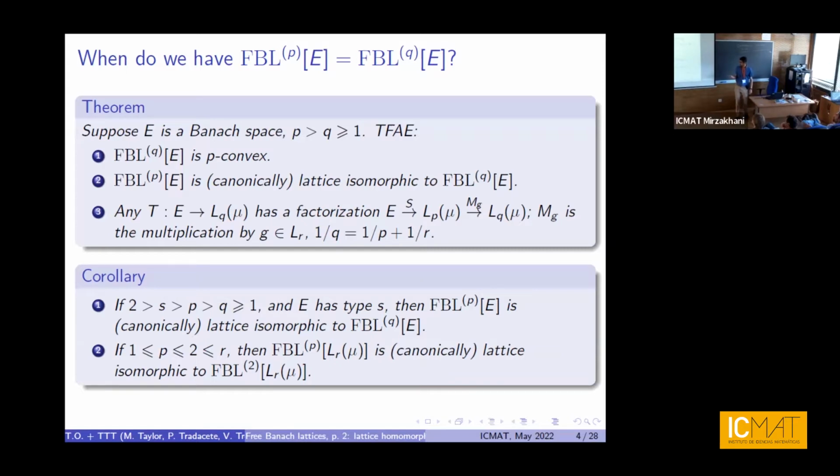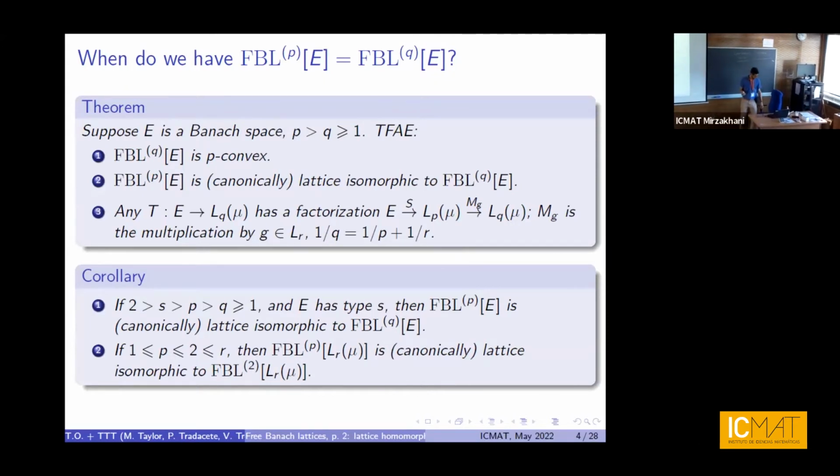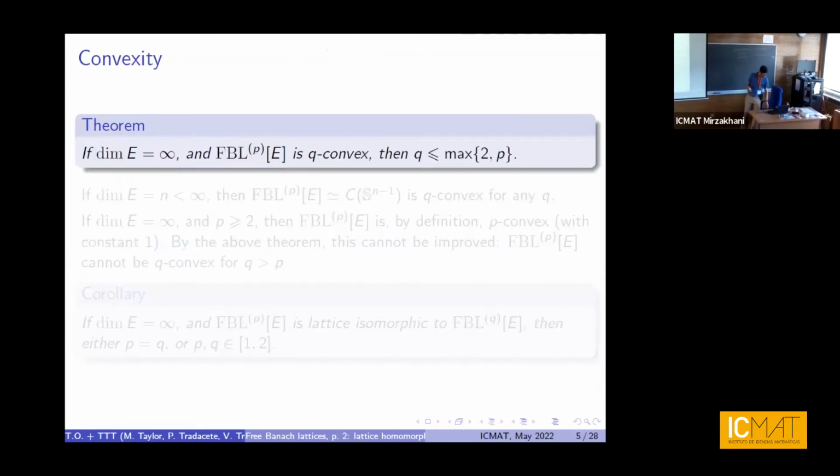In other words, this P free Banach lattice is 2 convex. And in all those examples in the corollary, you see that the P and the Q I'm dealing with are sitting between 1 and 2, and this is not by accident.